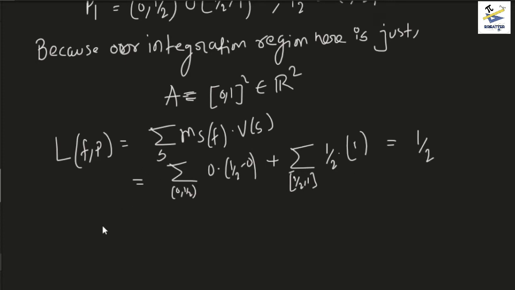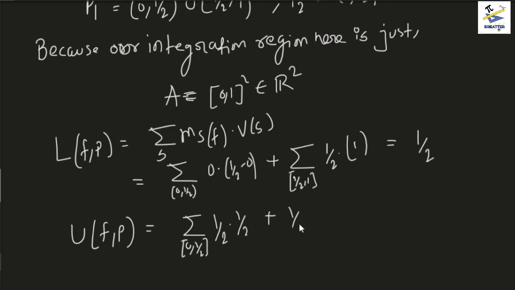And similarly for the upper sum, for 0 comma 1 by 2 it is 1 by 2 into 1 by 2, and for the other part it's also again 1 by 2 into 1 by 2, so it's 1 by 4 plus 1 by 4, which is 1 by 2.